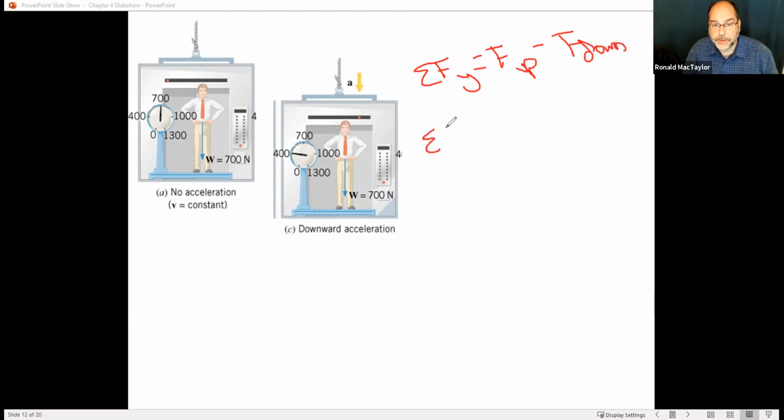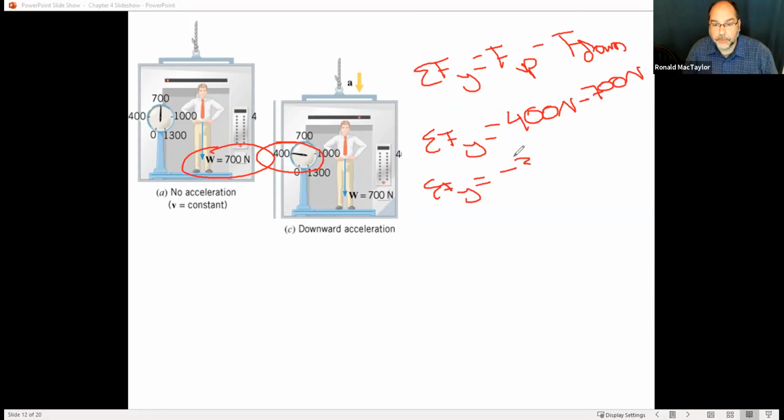And so the net force in the y-axis, the upward acting force is 400 newtons. That's what it reads on the scale, 400 newtons, minus your true weight, 700 newtons. So the net force in the y-axis is going to be negative 300 newtons, which means mass times acceleration equals negative 300 newtons.